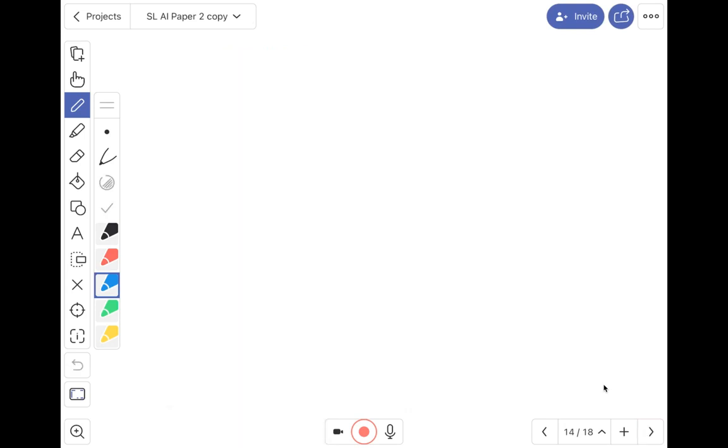Okay, so I said cuboid has 6 rectangles. Question 4A, 6 rectangles. So I'm just going to do the front and back are the same, and the sides are the same. The top and bottom are the same.